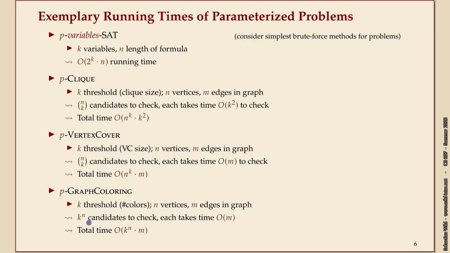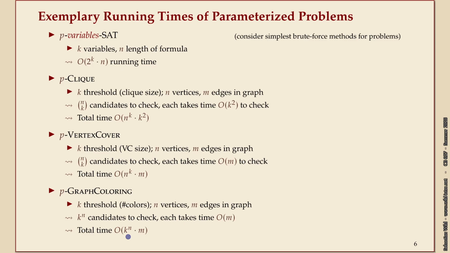The possible number of candidates to check is every possible color for every vertex. So you have k to the n possible different colorings. Checking them is not so hard, but of course this grows very quickly, even for small k.